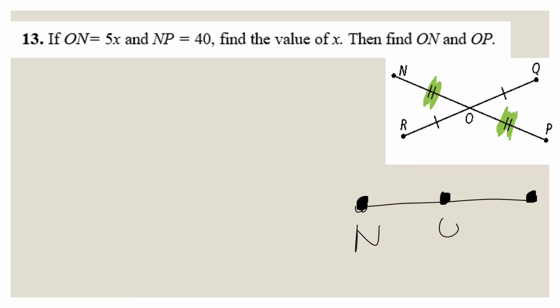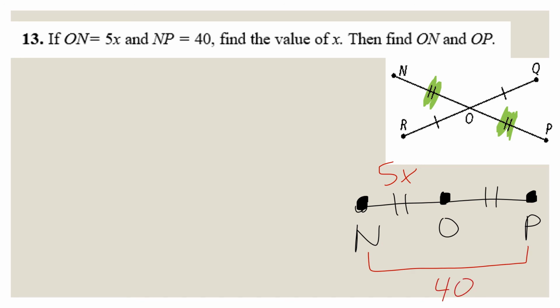We have N, we have O, and we have P. And we know that they are congruent to each other, both of the smaller line segments. So we know that ON is 5x, and we know that NP, the whole thing, is 40.